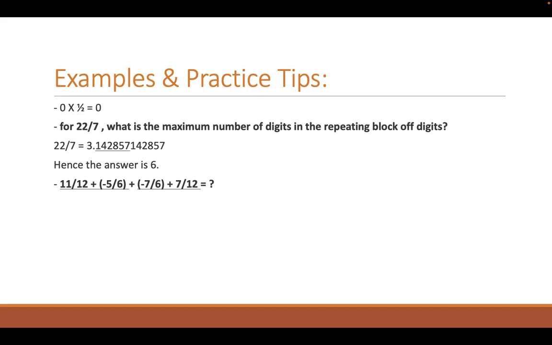Next one, simple operations. What happens when you add these ones and all? Clear? So first you do this one. Well, you can do any order, but I'm just giving you one example. It will operate on kind of similar groups.